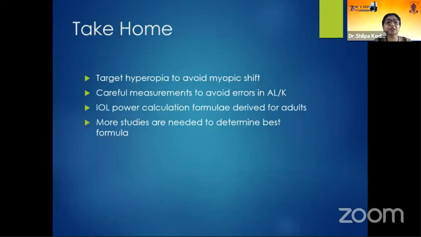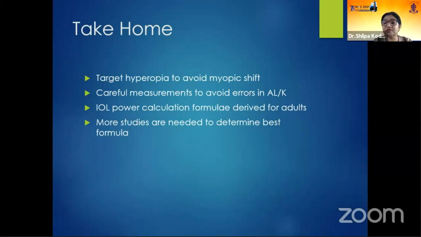So the take-home message would be: target hyperopia to avoid myopic shifts, careful measurements to avoid errors in axial length and keratometry, IOL power calculation formulas which have been derived from the adults, and more studies obviously are necessary.